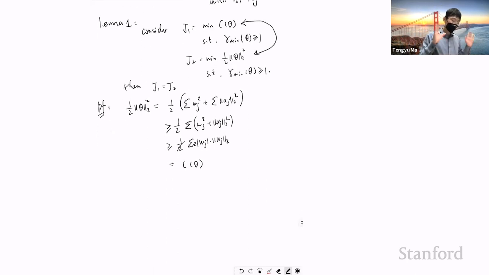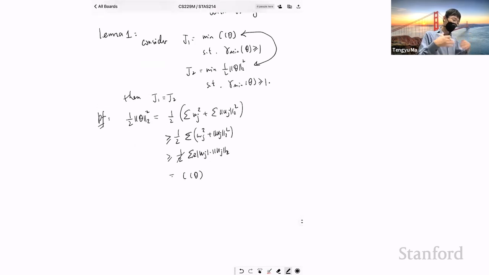But the intuition is that even though you are minimizing a larger complex measure, the extremal point will make these two things the same. The extremal point should satisfy wj equals the norm of uj, even when you are minimizing the L2 regularization.